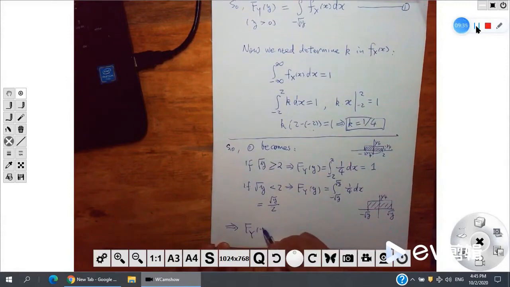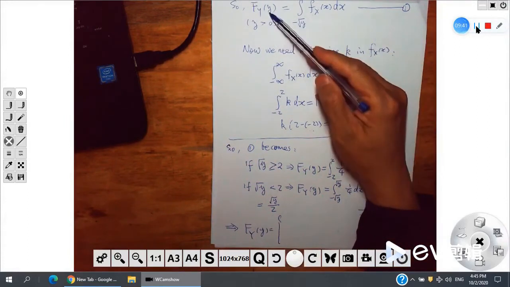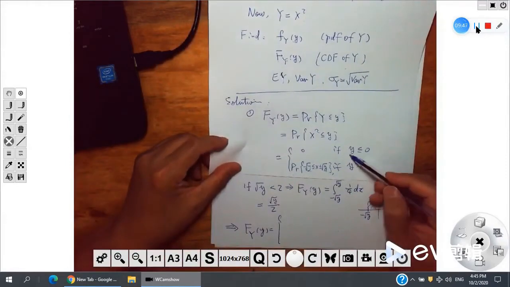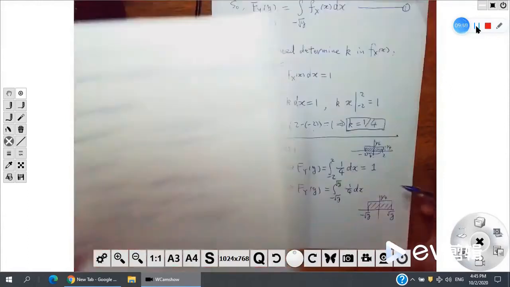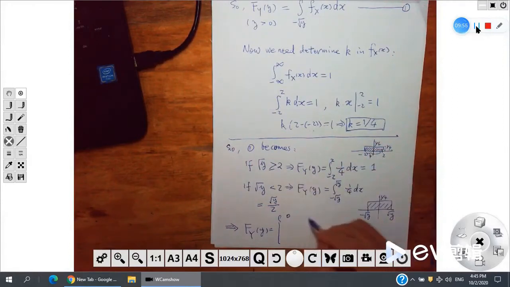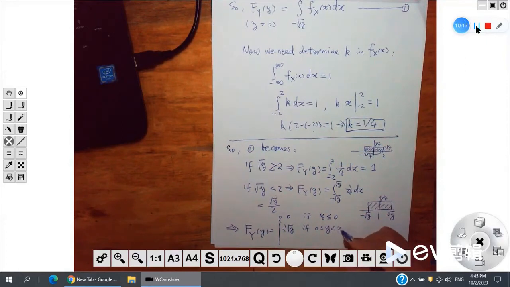Alright, so we can have the overall result. F_Y(y) equals, we have 3 cases. If y is negative, it is 0. If y is positive, we have two cases, larger than 2 or smaller than 2. So 0 if y is smaller than 0, it contains 0. Or it is a half of the square root of y if y is between 0 and 4. The square root smaller than 2, this is 2 squared, it's 4.